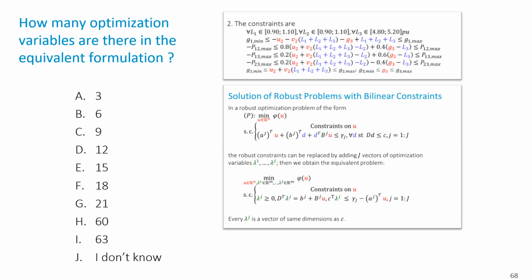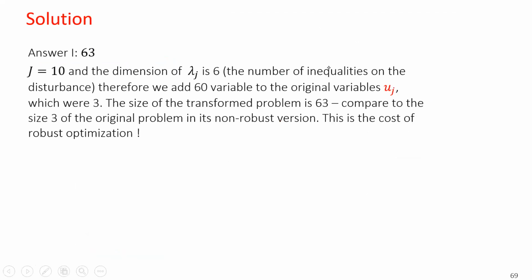I close the poll. The answer is 63. We've seen that we added 60 variables to remove the "for all" quantifiers.